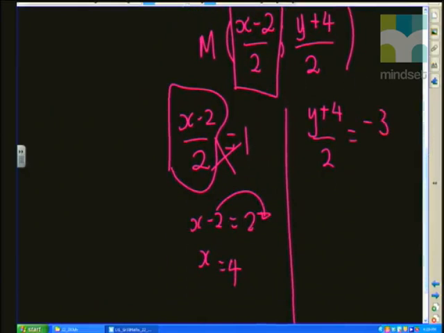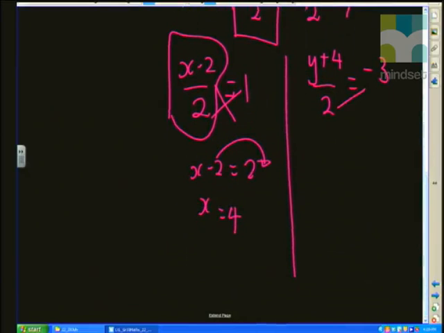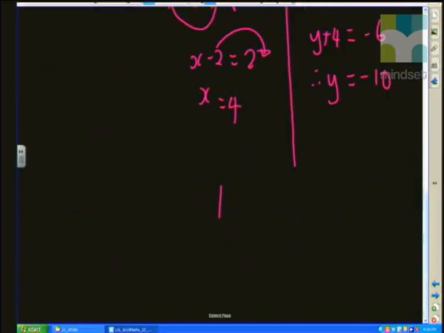We cross multiply and get y plus 4 is equal to minus 6. Therefore, y will be equal to minus 4 minus 6, which is minus 10. So now we can say the coordinates of D are x is 4 and y is minus 10.